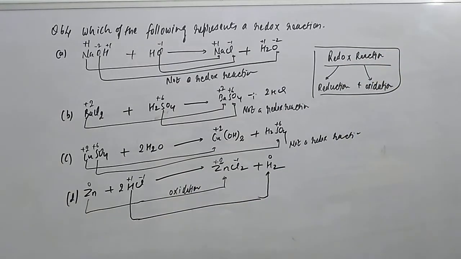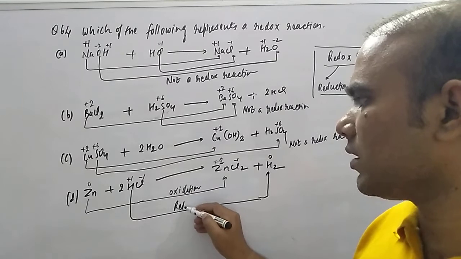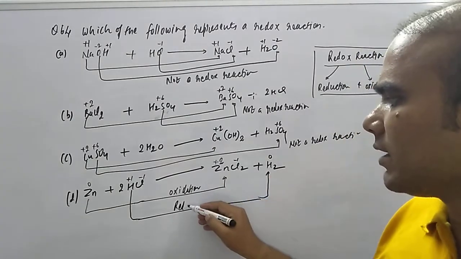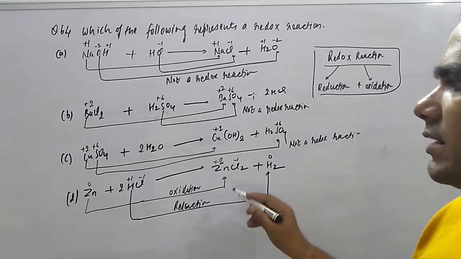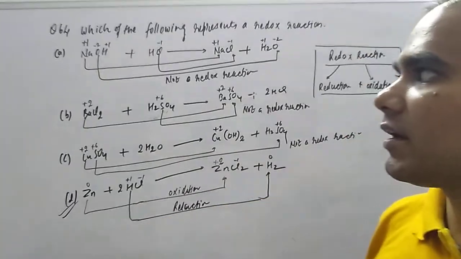So +1 to 0 means reduction. So in this reaction, oxidation and reduction take place together, so it is a redox reaction.